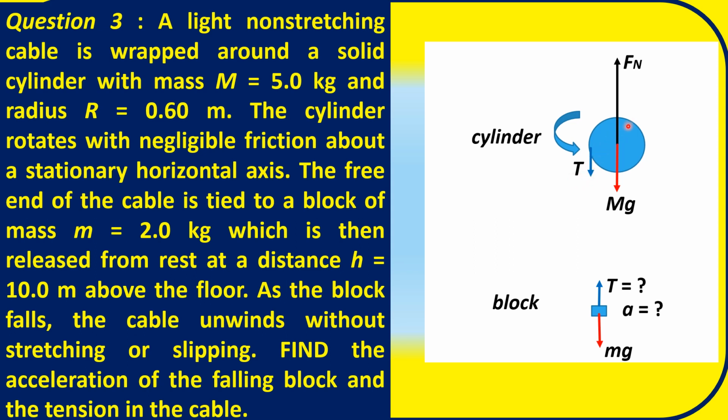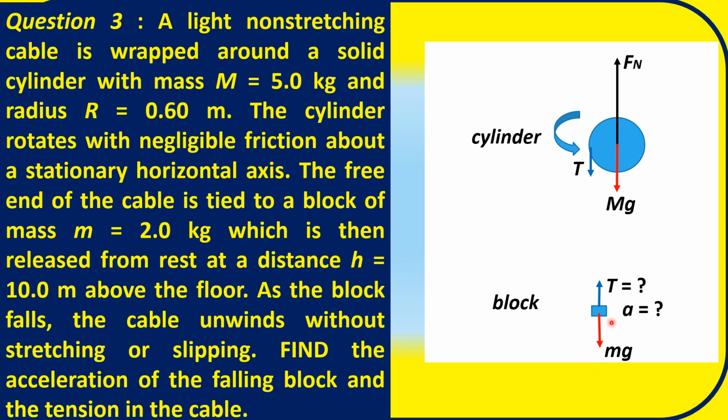So as the block, that end of the cable is attached to the block. As the block is released, the cable starts to unwind until it reaches level 2, shown earlier in our initial illustration.